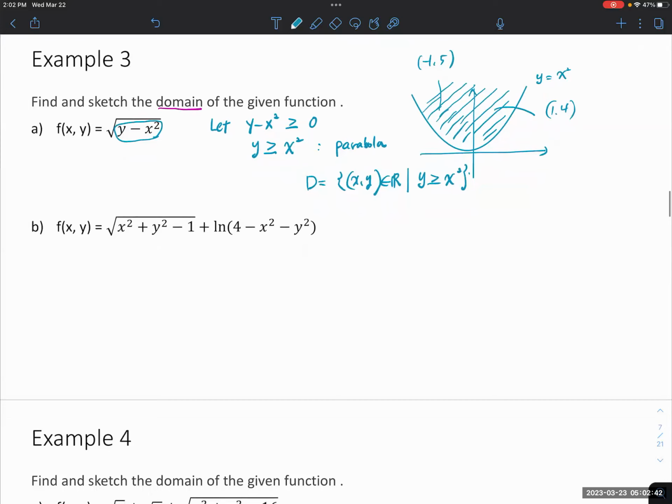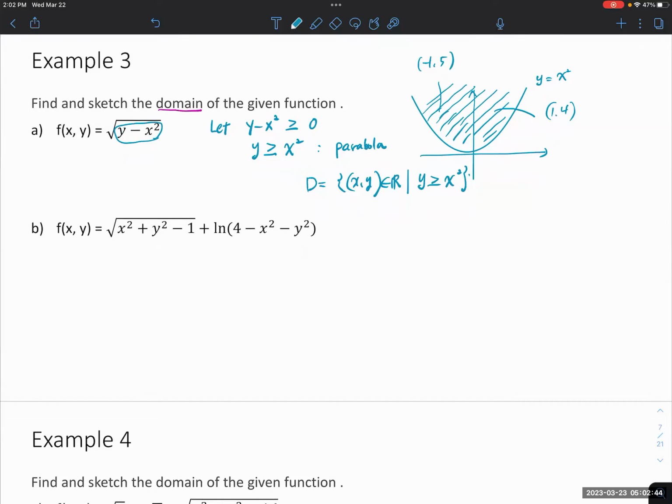All right, one last one. B, same fact. We know x squared plus y squared minus 1 is greater than or equal to 0. It should be a positive number. So this one is going to be a circle. Also, we have a second function, ln, the log of 4 minus x squared minus y squared, which also should be positive.